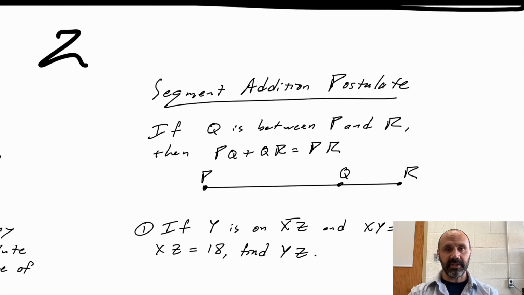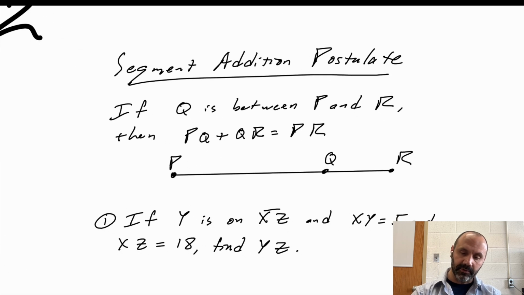The next postulate is the segment addition postulate. And this tells us, again, this seems like it would just make perfect common sense, right? That if Q is between P and R, then the length of segment PQ plus the length of segment QR equals the length of segment PR. Makes perfect sense.